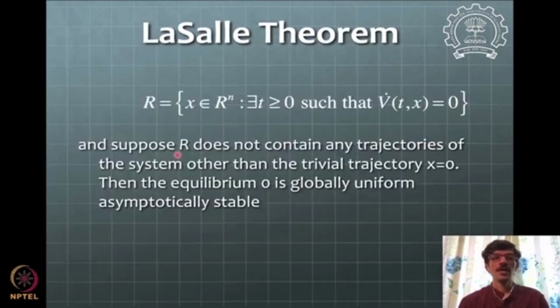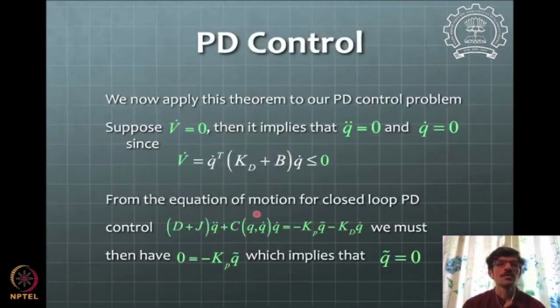And if this set R does not contain any trajectory of the system other than the trivial trajectory x equal to 0, then the equilibrium x equal to 0 will be a globally uniformly asymptotically stable system. This is what LaSalle's theorem is saying. So this theorem is what we need to make use of in our case. So for PD control, we apply this theorem.